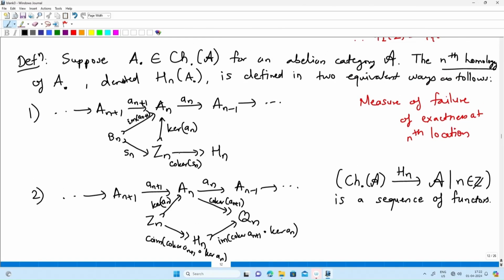Zn. Let me quickly remind you of these things. There are three important objects when we are talking about a chain complex. Zn is the kernel of An, Qn is the cokernel of this. I think that should be Qn plus 1. And Bn is the image object. So these three are important.